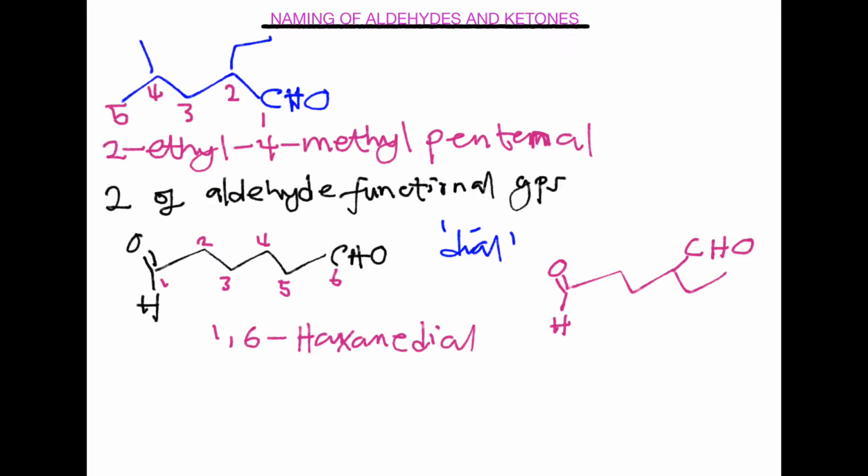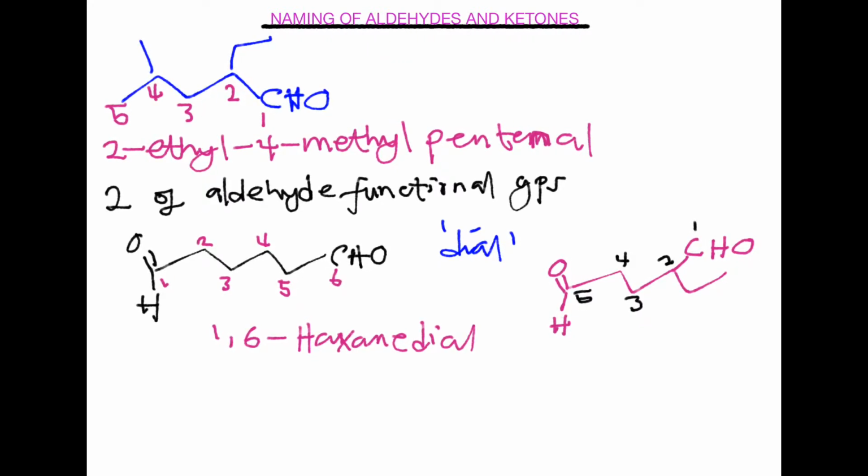So in this case we have carbon 1, 2, 3, 4, 5. So our corresponding alkane is going to be pentane, which means it's going to be pentanal, but we know that we have two aldehyde functional groups there, so it's going to be dial.